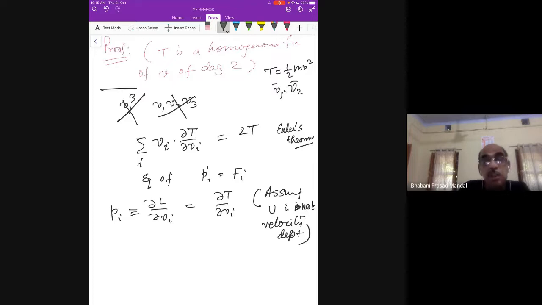Velocity dependent potential we have not discussed so far. We'll discuss velocity dependent potential. So differentiating the Lagrangian, which is T minus U, del L del v will be del T del v minus del U del v, but we are assuming that U, the potential energy, is independent of velocity, so this is 0.